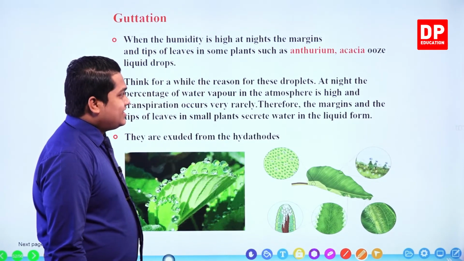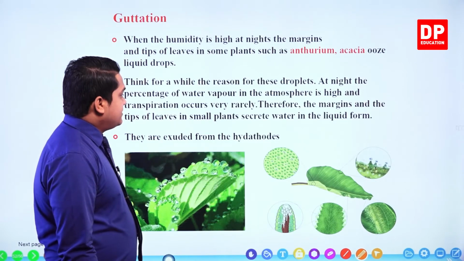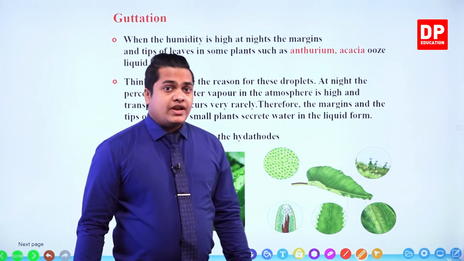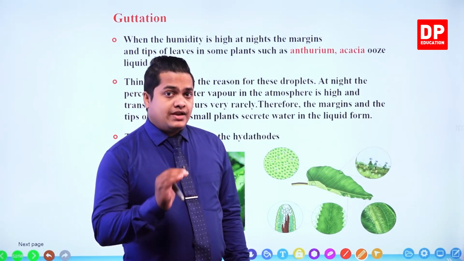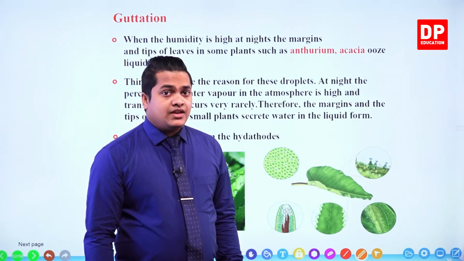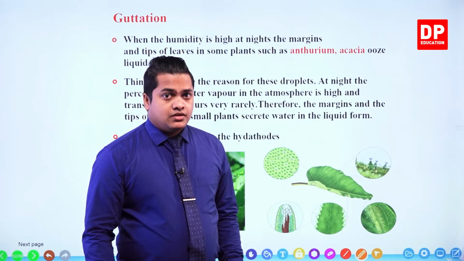Therefore, the margins and the tip of the leaves in small plants secrete water in the liquid form. So therefore, my dear children, in order to maintain their water balance, if there is a heavy amount of water within the plant, then it is not good for the plant.